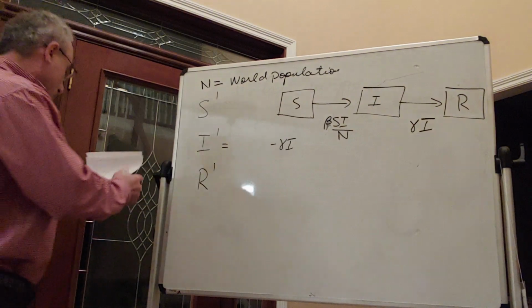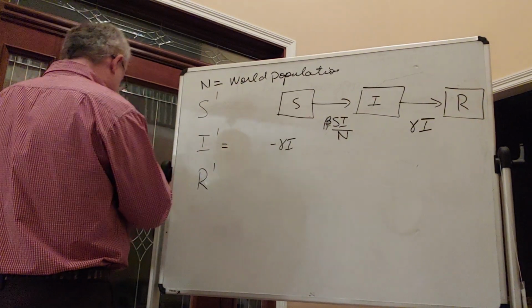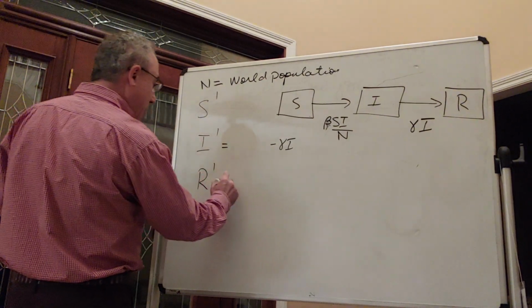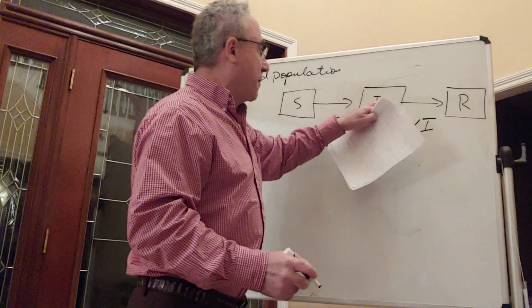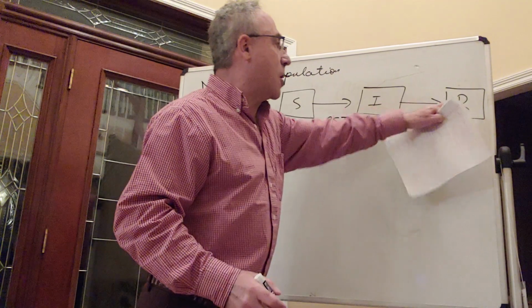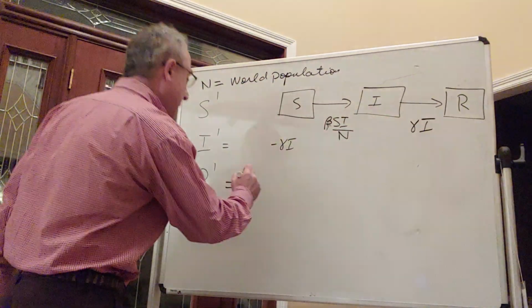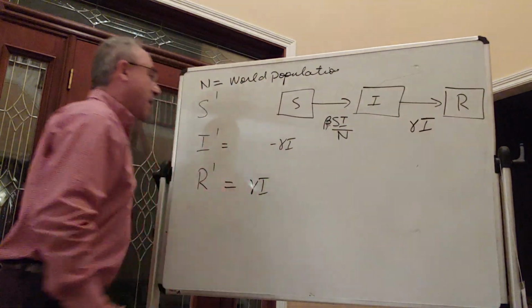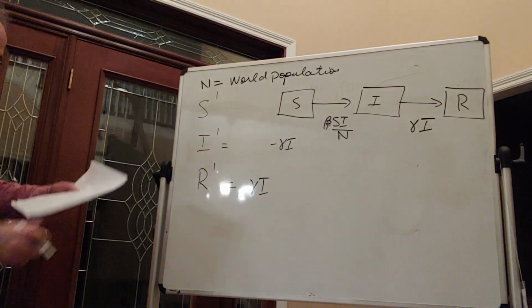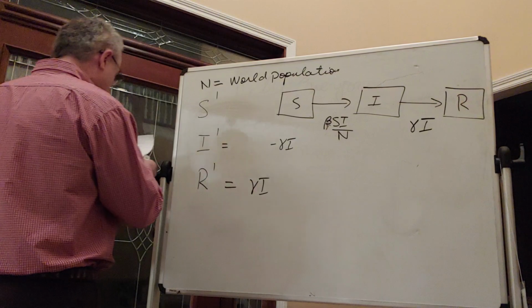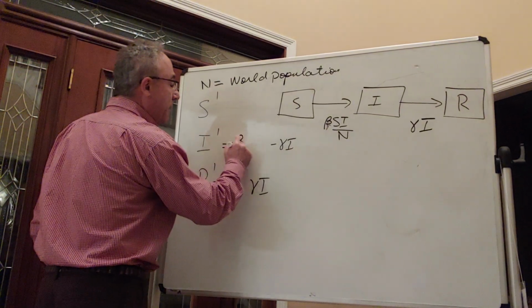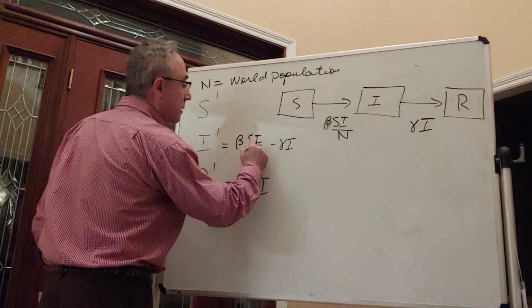Now for R prime, if I loses gamma I, R will gain gamma I. So it's going to be gamma I. And I prime also has plus beta SI over N. Why?